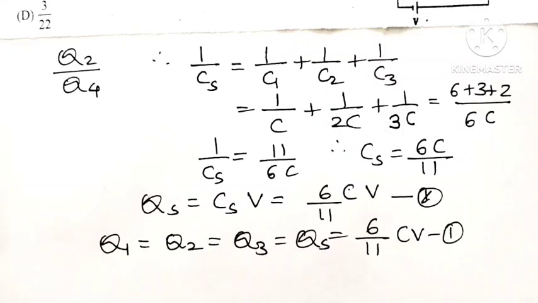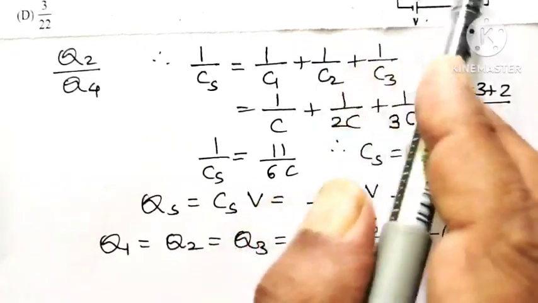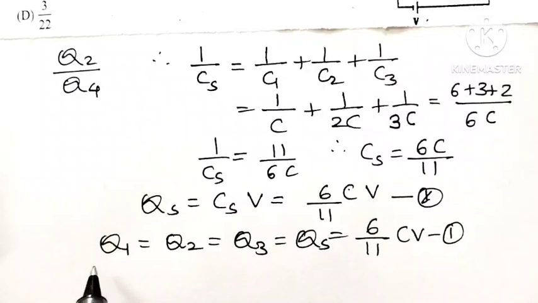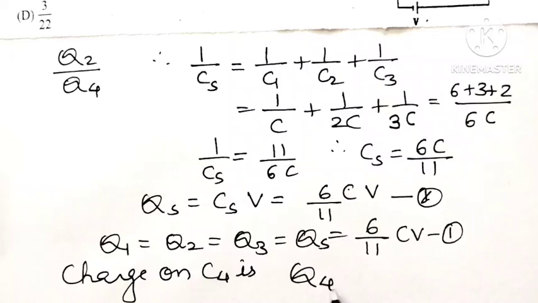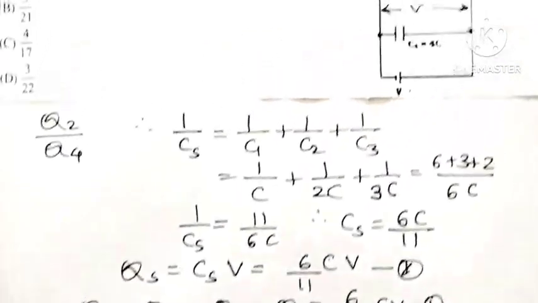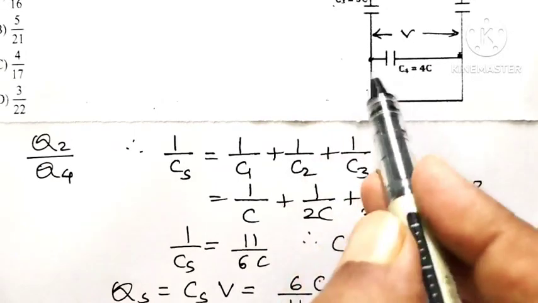Now let us find out the charge stored in capacitor C4. The charge on C4, Q4, is equal to the value of C4 times the potential difference across it.